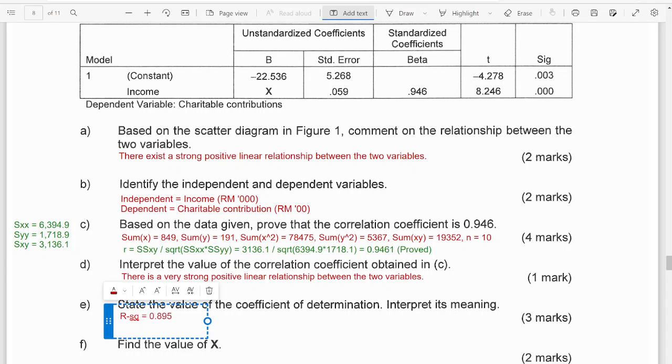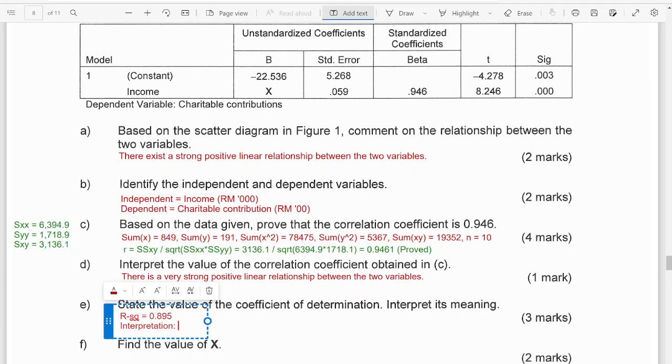And then how to interpret? Interpretation. So to interpret the value of R squared, the coefficient of determination, you have to convert the value to percentage. So 0.895 means that it is 89.5%, right?